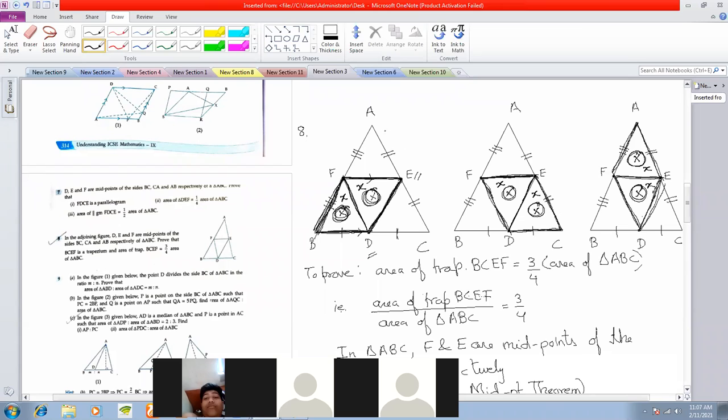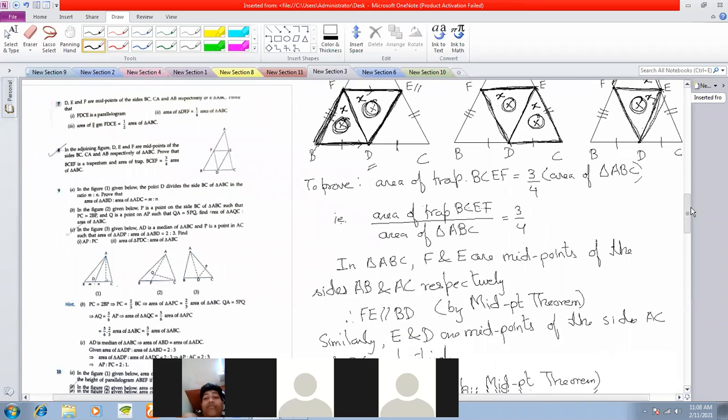This bigger triangle ABC is composed of four triangles, all of whose area is x, right? So within the triangle, you have four triangles of equal area. Okay, so let us write this down.